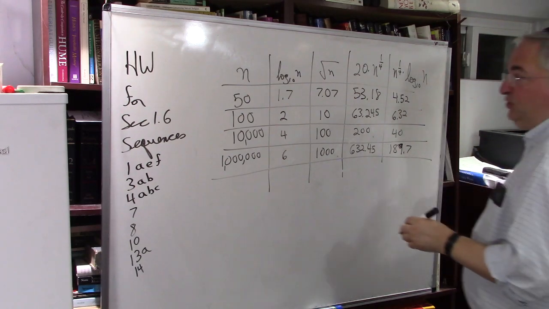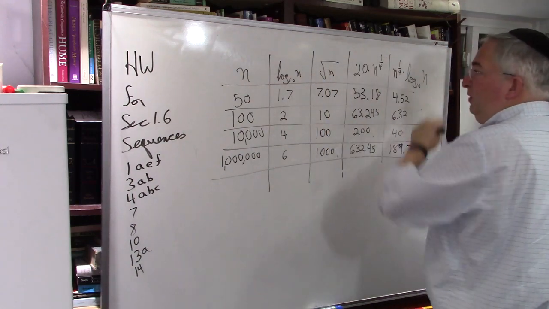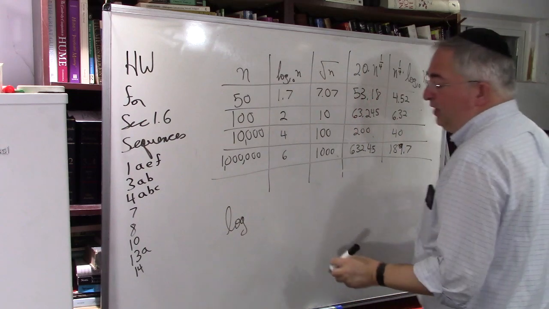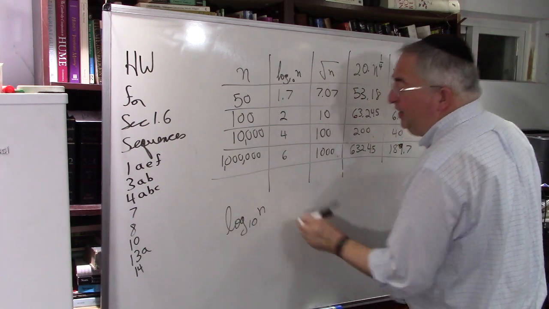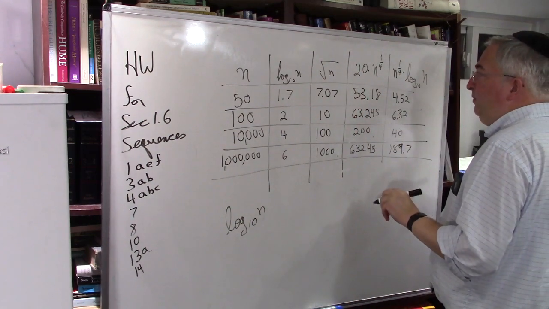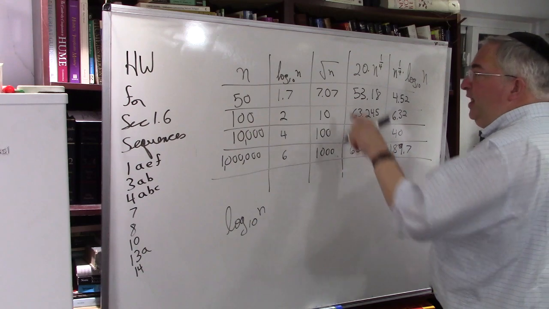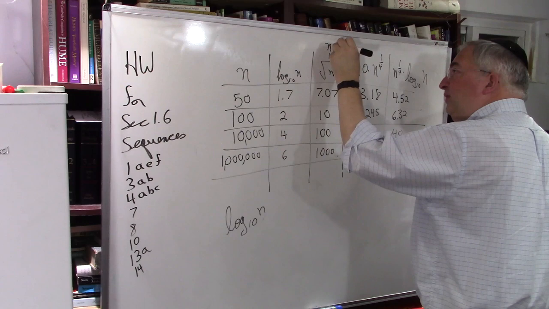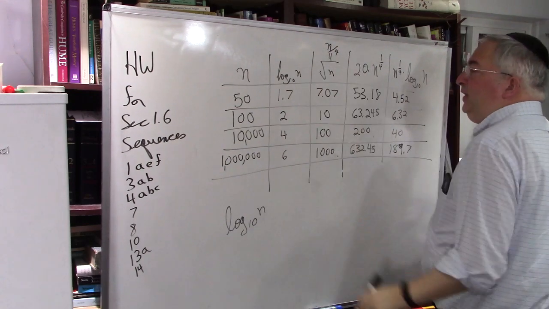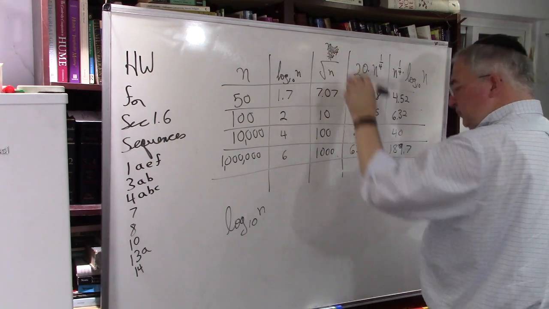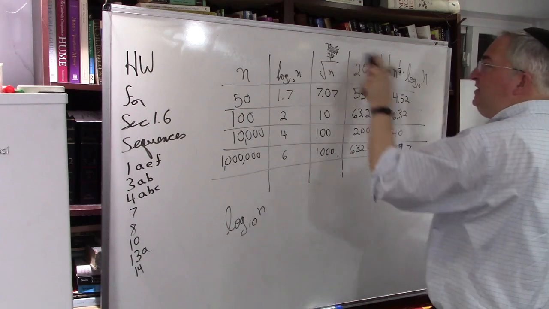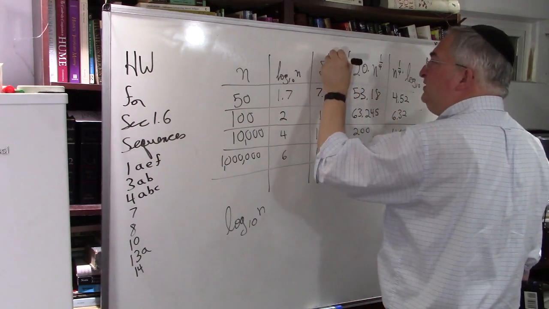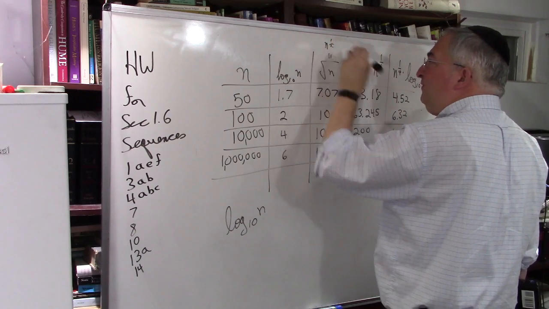Now, let's talk about these functions. You ready? Logarithm is the slowest. Logarithm base 10 of n, that's slower than any polynomial. Now, another way for n, this is n to the 4th. Square root of n is n to the half.